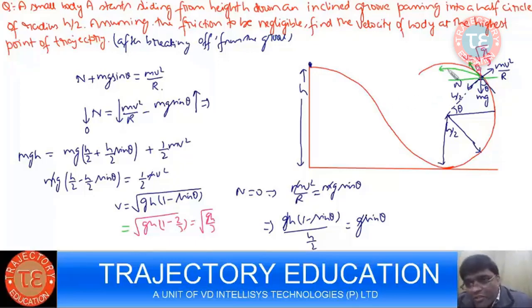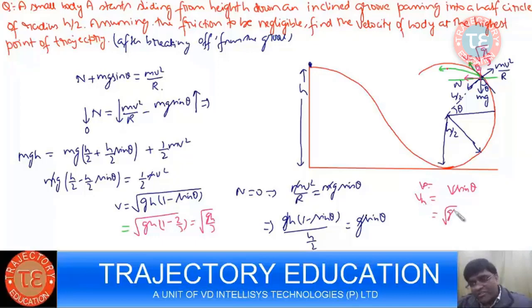So when it reaches the highest point of the trajectory, the velocity won't have any vertical component. Velocity will have only a horizontal component, and the horizontal component is not changing. There is no force acting horizontally, so the horizontal component will remain constant. The horizontal component at the time of projection was v cos theta.